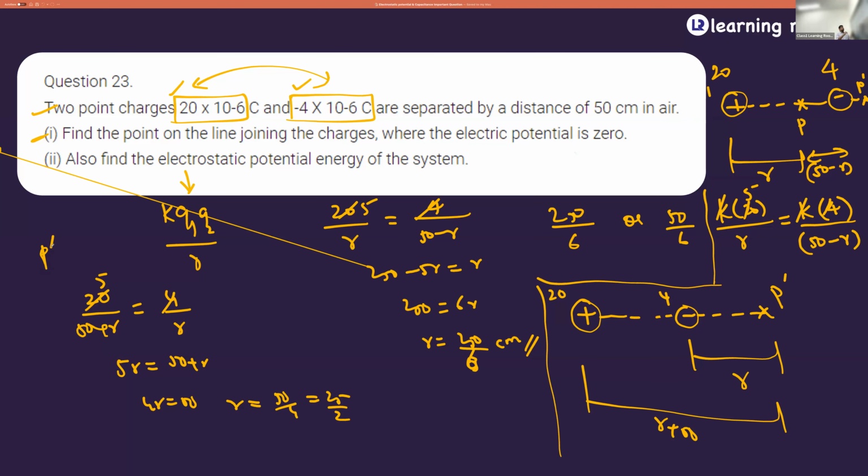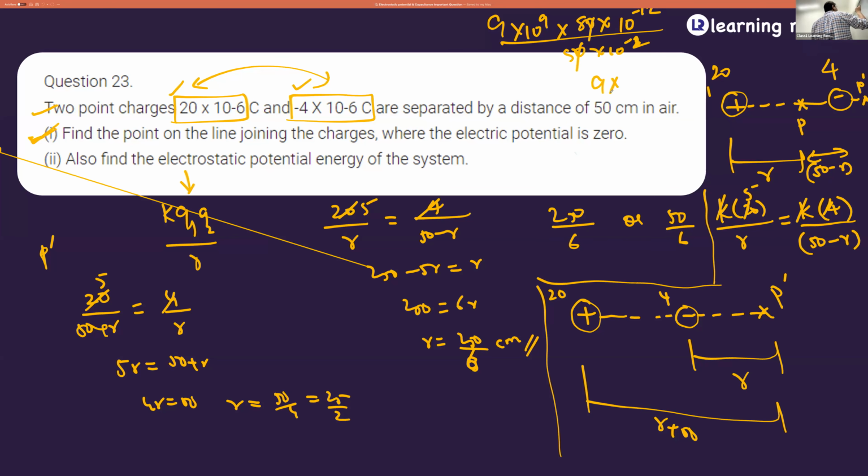What about the electrostatic potential energy of the system? That is very simple. So it is 9 into 10 power 9 into Q1 into Q2. It is going to be 80 into 10 power minus 12 divided by 50 into 10 power minus 2. Right, 0 and 0 are gone. So 10 power minus 2, this will go as 10 power minus 10.